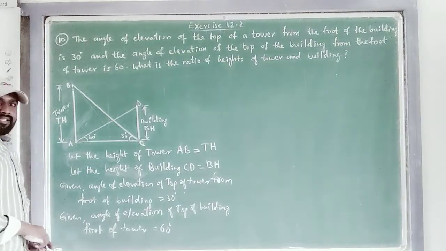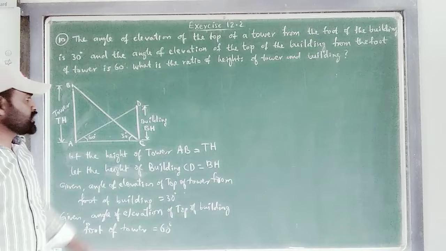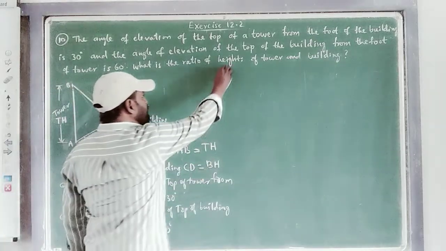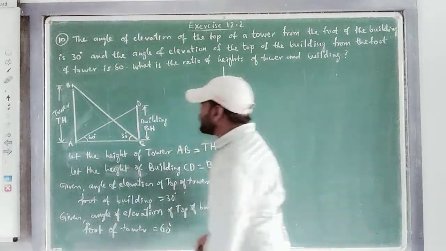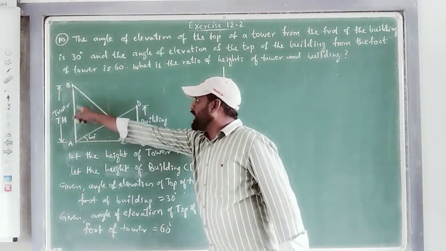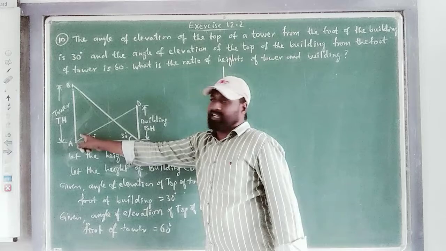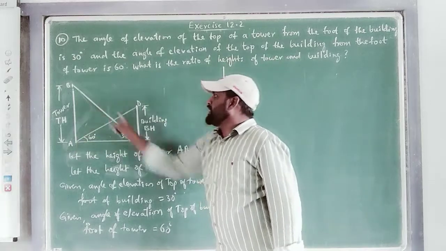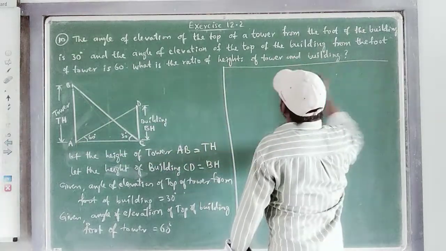Now let us utilize the trigonometric ratios to find out the height of the tower and building. To find the height of the tower first, I am using triangle ABC because the tower is here.